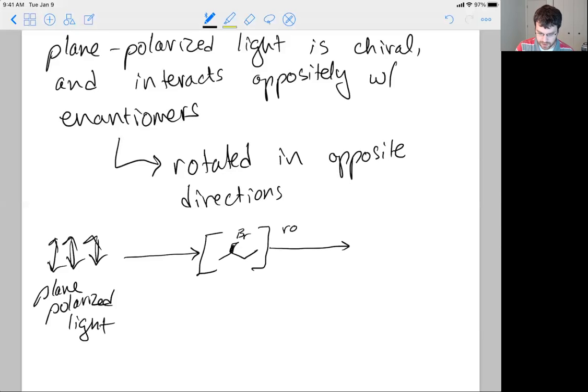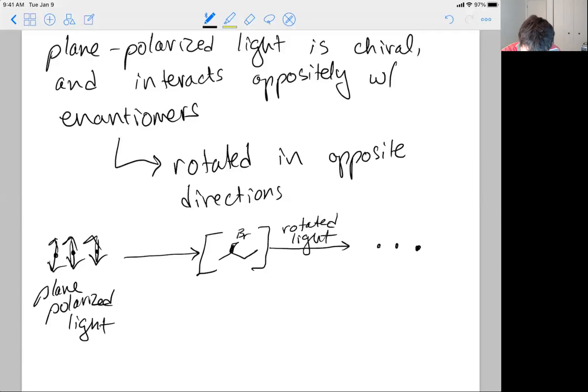We are then going to see rotated light. Now, if the original light was pointing straight up and straight down, I'm just going to draw the center of these light arrows. Sorry, those are a little bit sloppy.